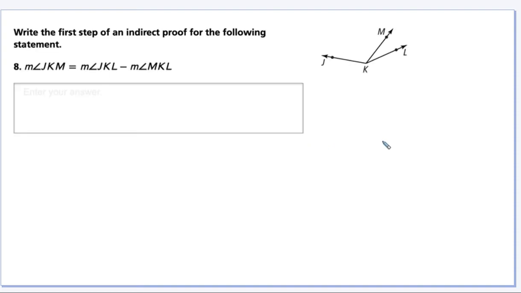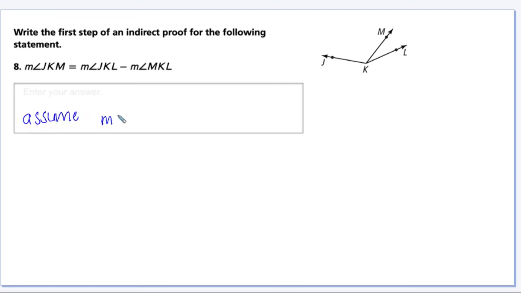All right, and then our last one here, write the first step in an indirect proof for the following. So the measure of angle JKM is equal to the measure of angle JKL minus the measure of angle MKL. So we would start off by assuming the opposite.